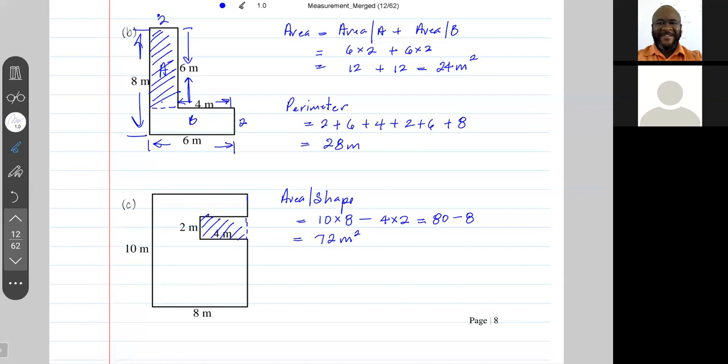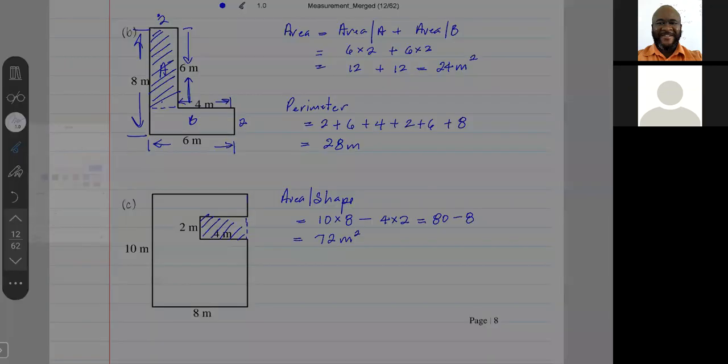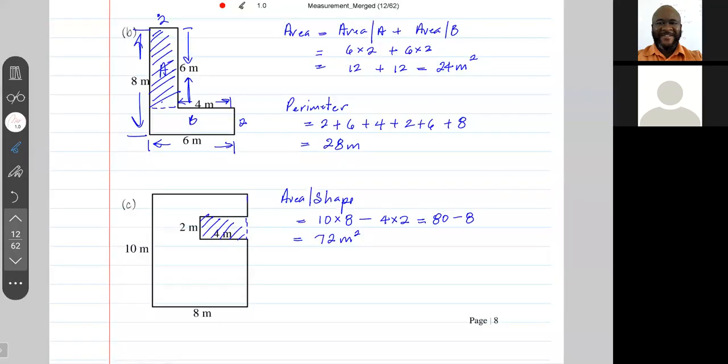Let's go for perimeter now. Perimeter is distance around. I never calculate perimeter until I know the length of all the sides. Down here is 8, so up here is 8.